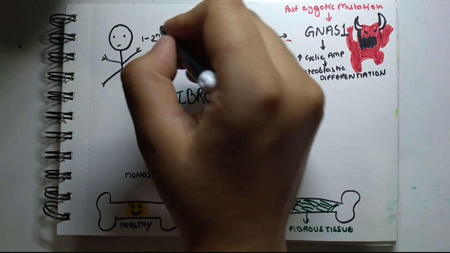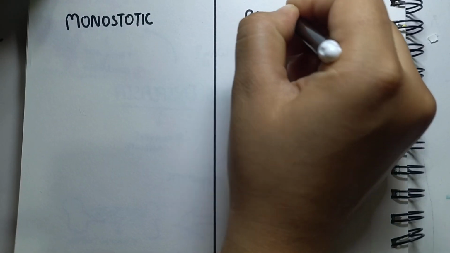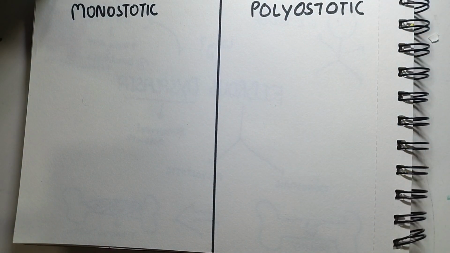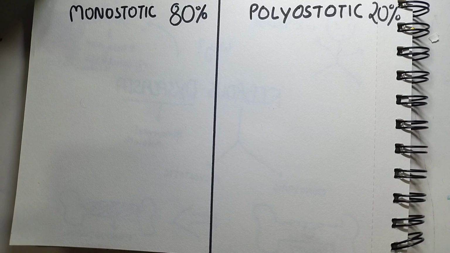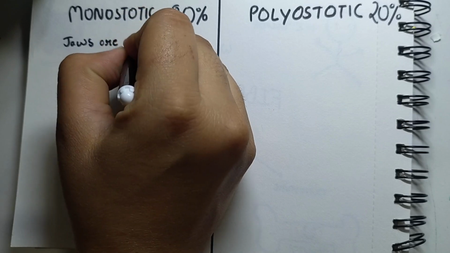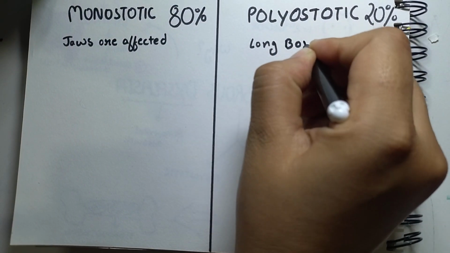So now let's move to the clinical features of monostotic and polyostotic fibrous dysplasia. Monostotic, you can remember it by it usually occurs in the jaws because it's single. So it just occurs in the jaws, and polyostotic occurs in long bones.